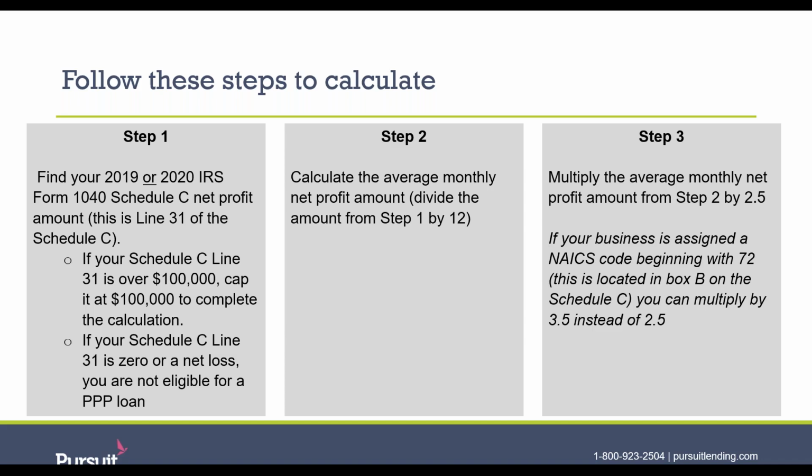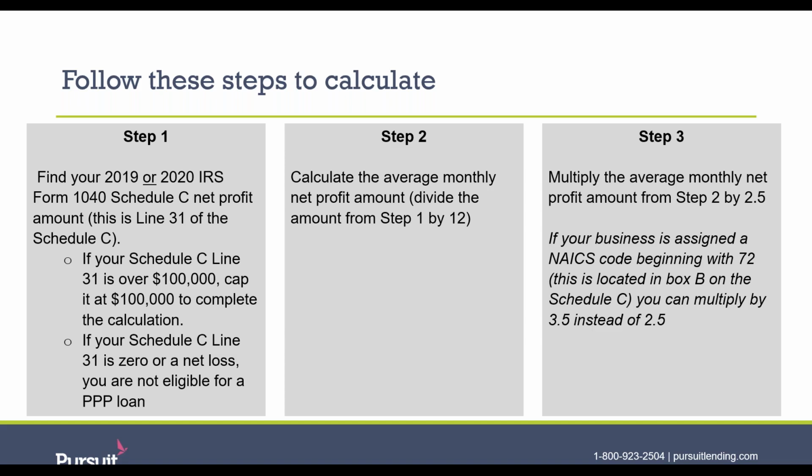These are the steps that we're going to take to calculate your loan amount for a Schedule C business without employees. We're going to start with that 2019 or 2020 Schedule C, line 31, which is the net profit for the business. The Paycheck Protection Program has a cap of $100,000 that cannot be exceeded for this calculation.